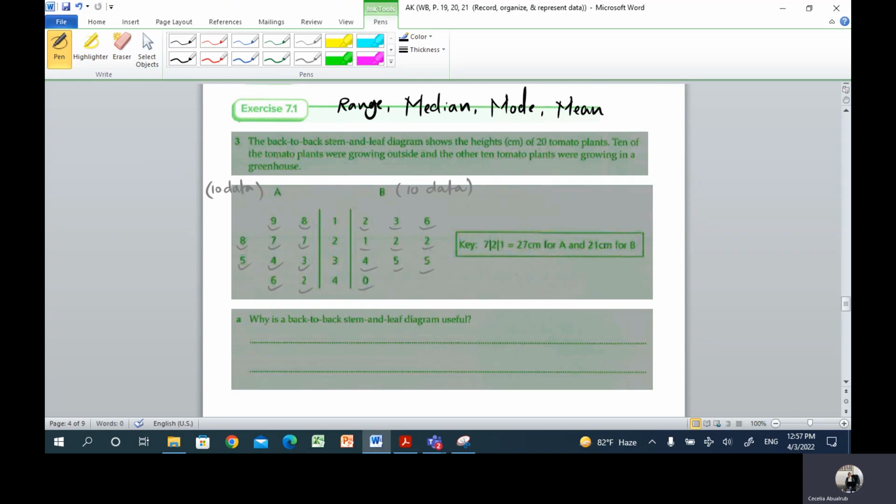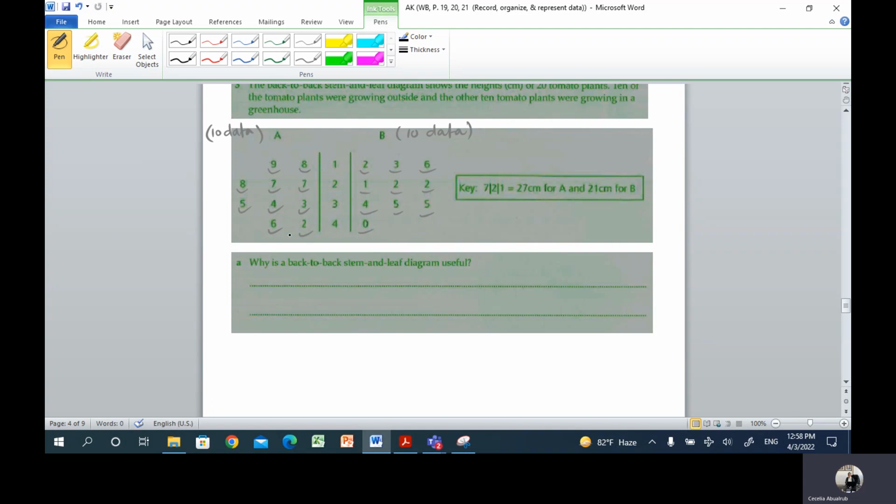And now we are going to learn how to calculate these in the back-to-back stem and leaf, which represents 10 data in A and 10 data in B. One of them represents tomatoes growing outside, and the other represents tomatoes growing in a greenhouse.